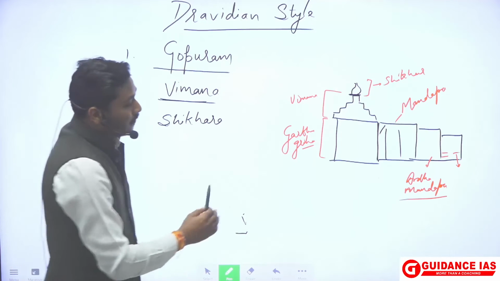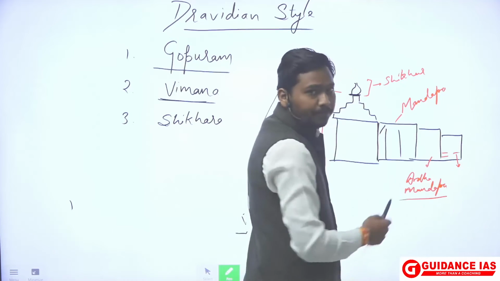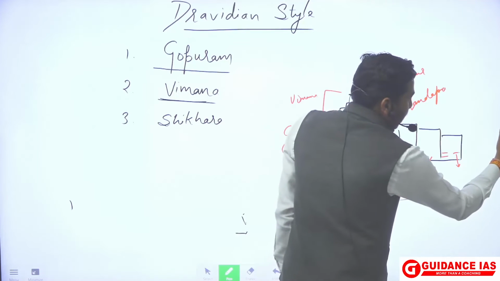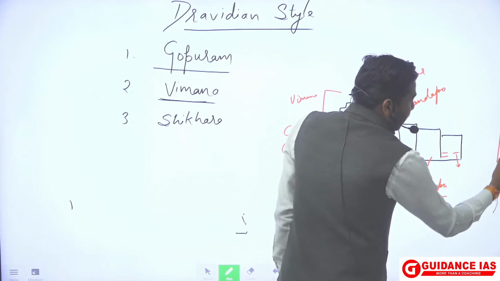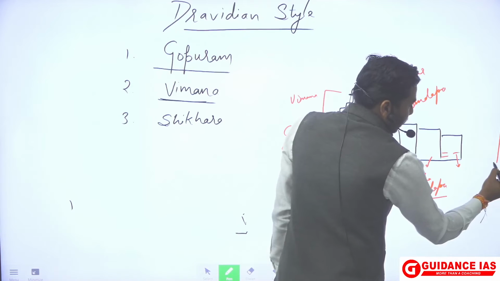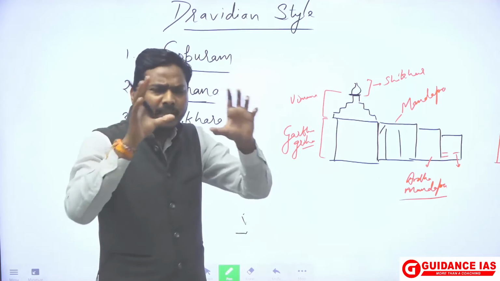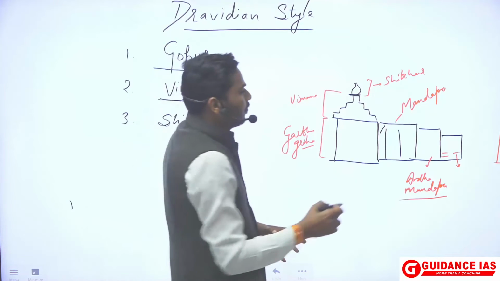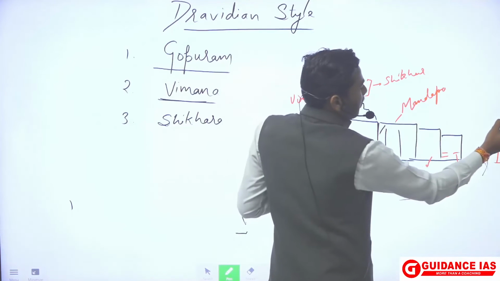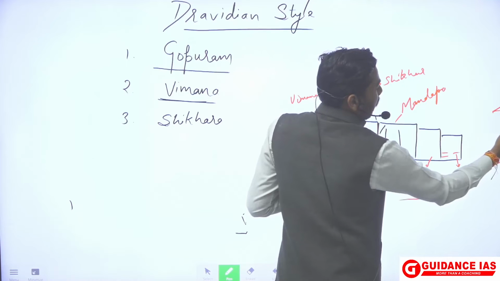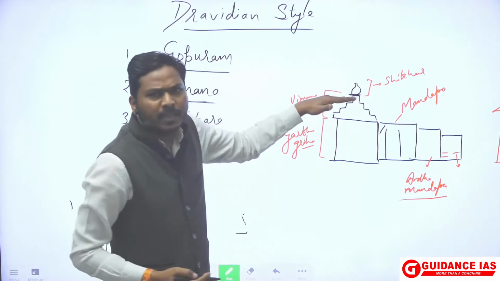And in front of this, there is another entry tower. There is an entrance tower, an entrance gate, a very long elaborate gate, sometimes with a height almost equal to the height of the Viman.